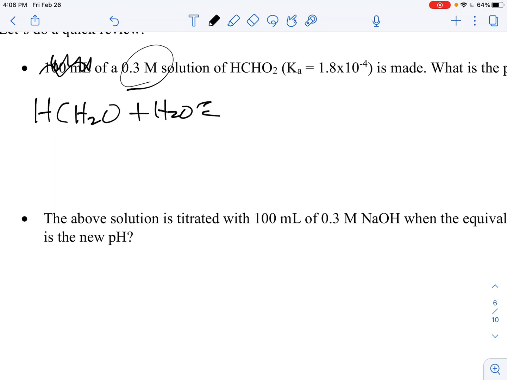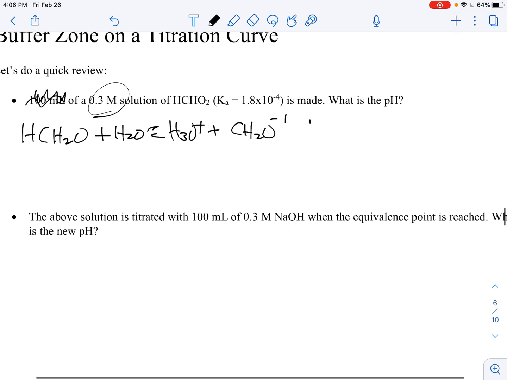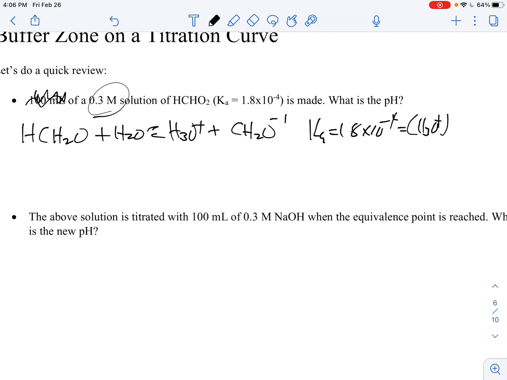HCH2O plus water comes over here to H3O positive, and then CH2O negative over here. And you should know then that Ka is 1.8 times 10 to the negative fourth, and that's going to be equal to H3O positive times CH2O negative divided by HCH2O, like so.